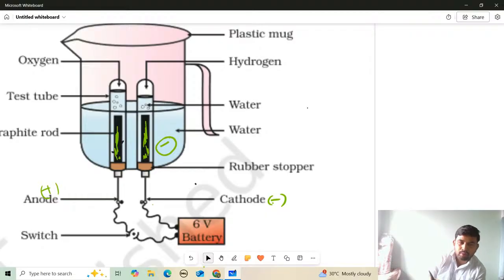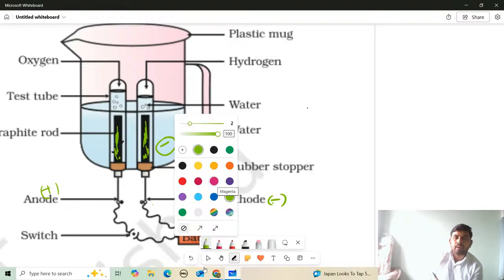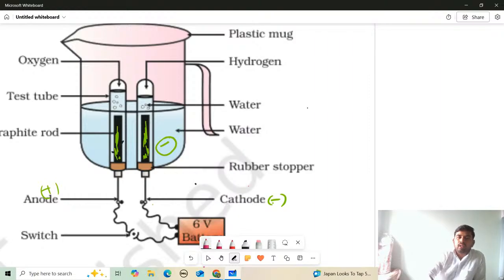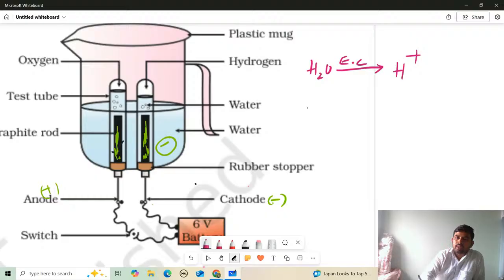So let me write the reactions. What kind of reactions are taking place here? There is water, and we are supplying the electric current. In that case water will split into H plus and O minus 2 ions.